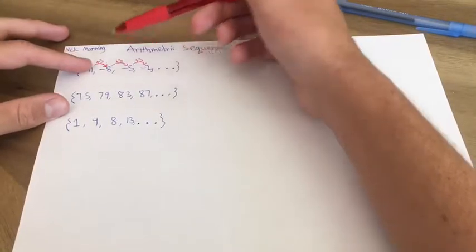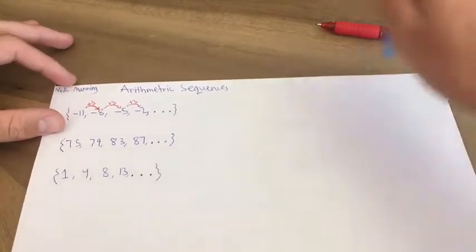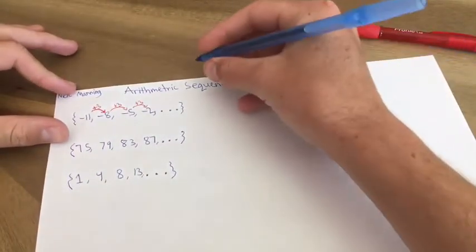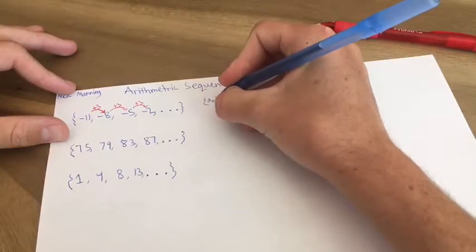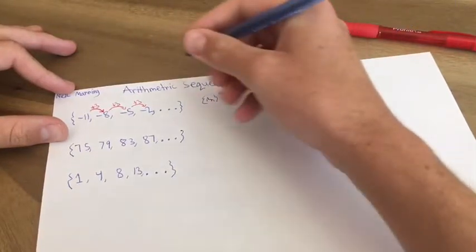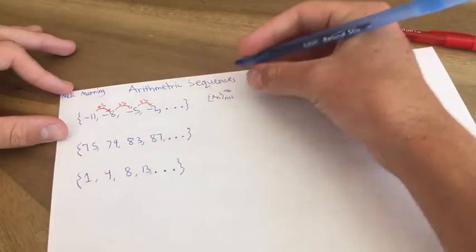amount, the positive 3. So the way we'll write this is a sub n, as this will go on to infinity, it has no end, with n equals 1.